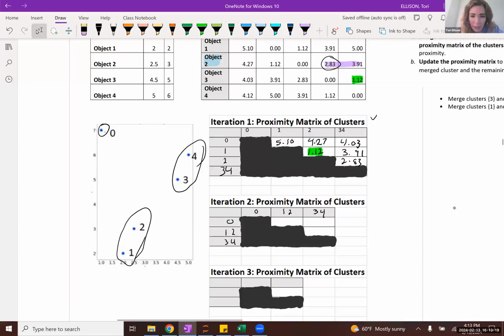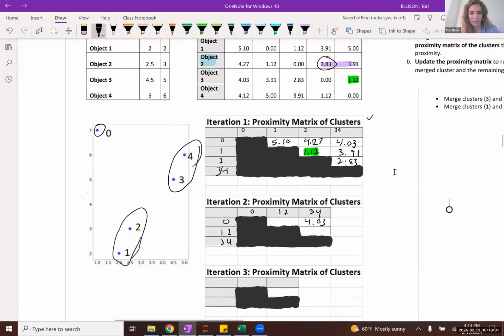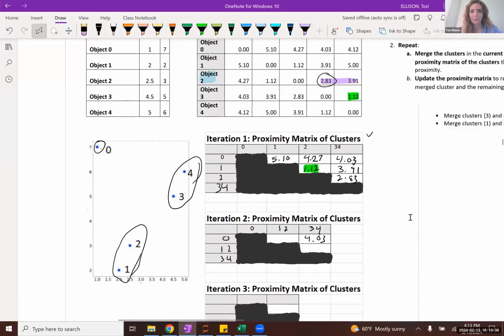Cluster 0 and cluster 3, 4, we've already calculated that proximity above, so that was 4.03. But what we need to calculate now is the distance between cluster 0 and cluster 1, 2, and cluster 1, 2, and cluster 3, 4.